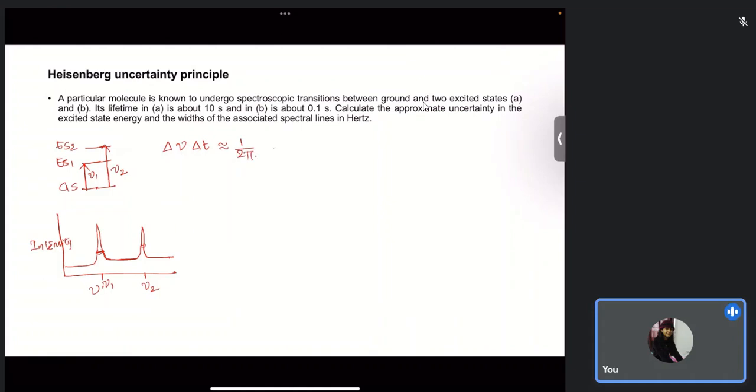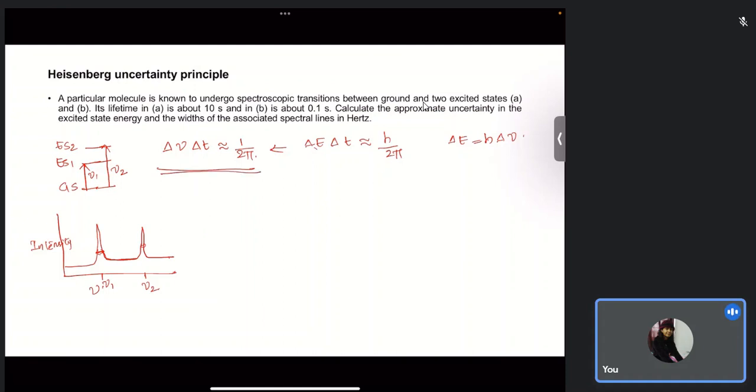This comes from delta E into delta T is approximately equal to h by 2 pi, and we know that delta E is equal to h delta nu, and the h on the right hand side will cancel out the h on the left hand side. That's why we get the equation like this.